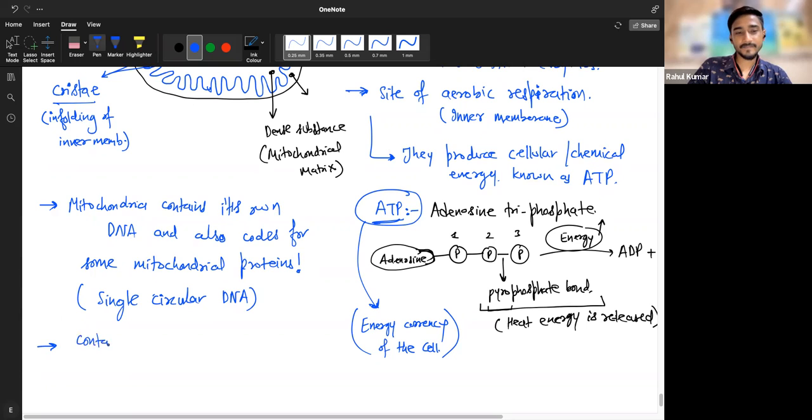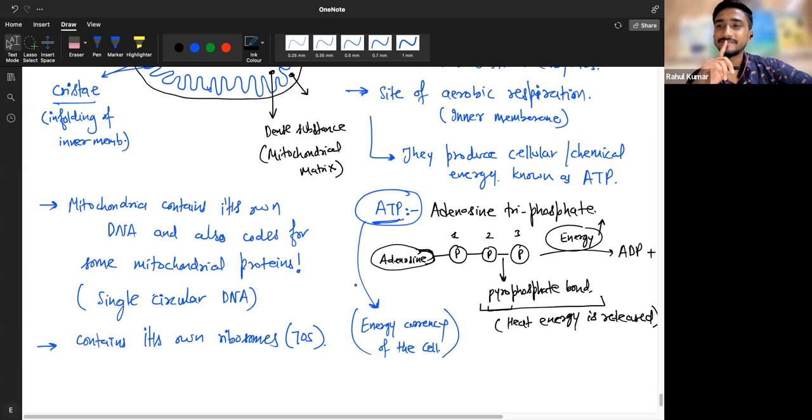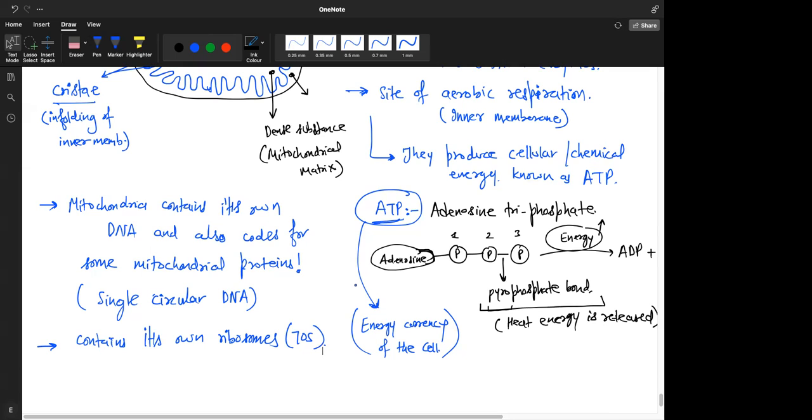Write down. Its own ribosomes. These are the ribosomes which mitochondria uses to synthesize protein from its own DNA. 70S. Normally, the 70S ribosome is present in which organism? Bacteria.